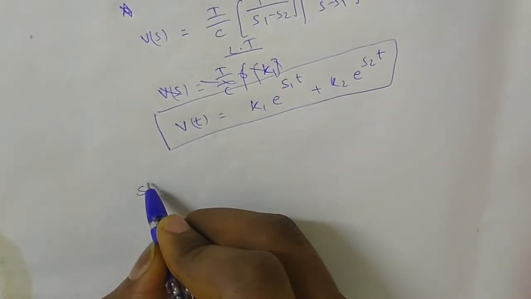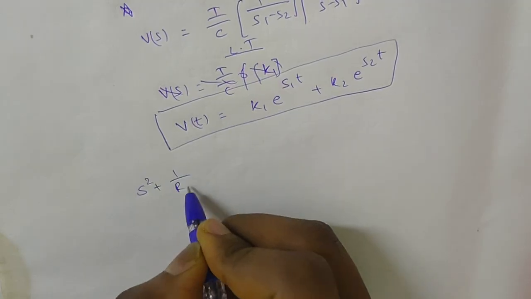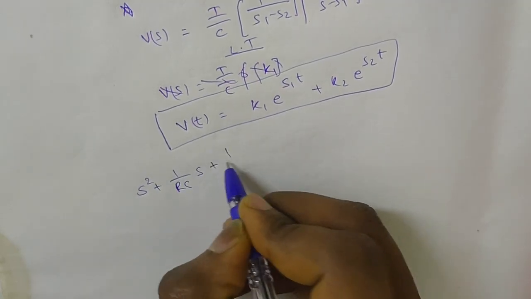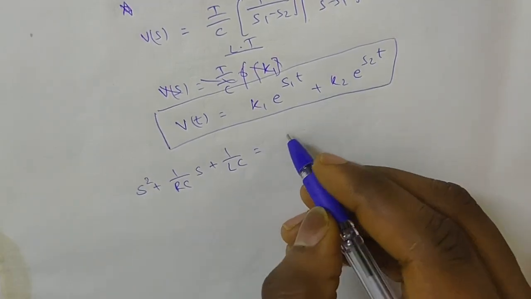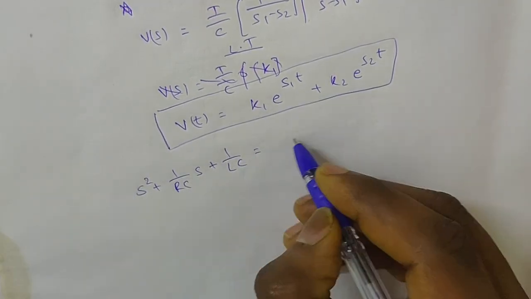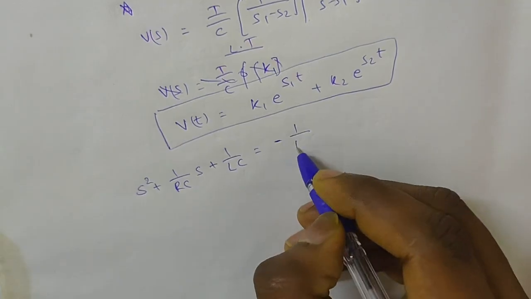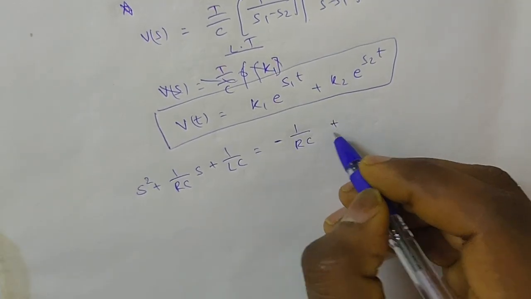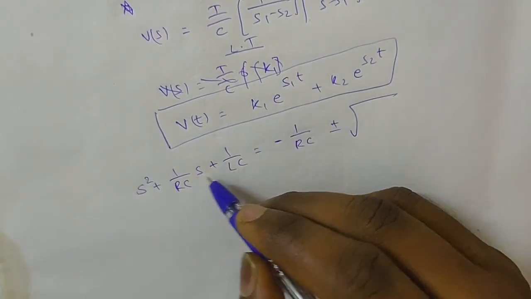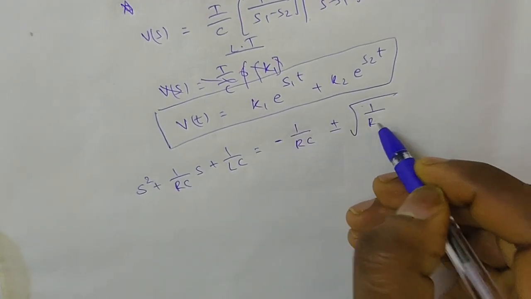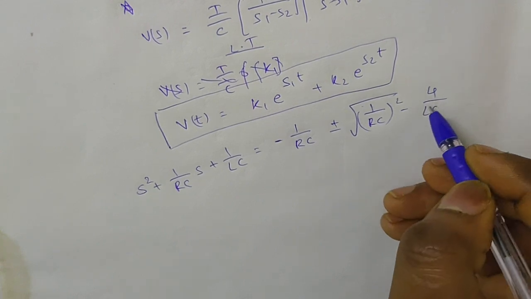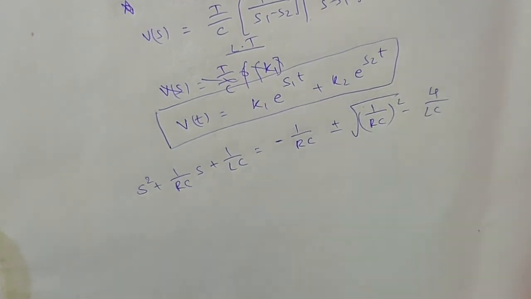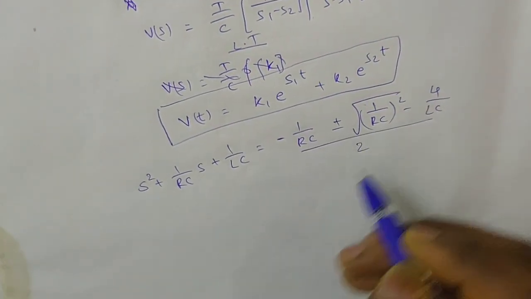We will obtain the roots from 1 by LC: minus b plus or minus under root of b square minus 4AC, by 2A.